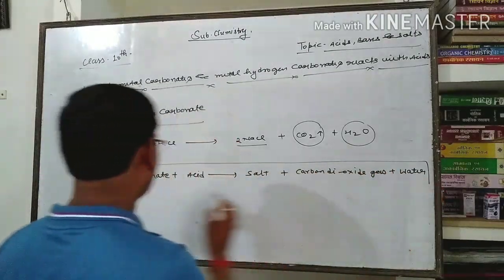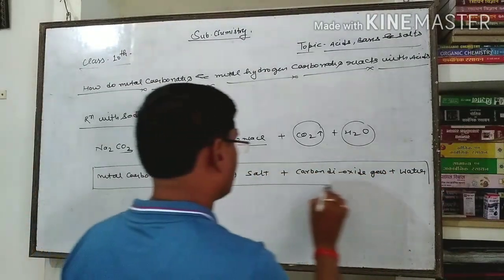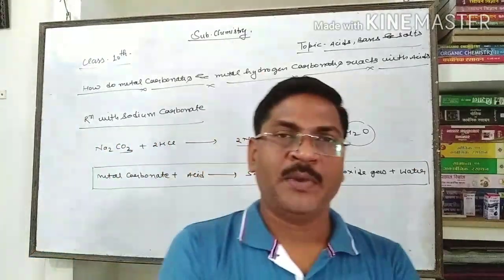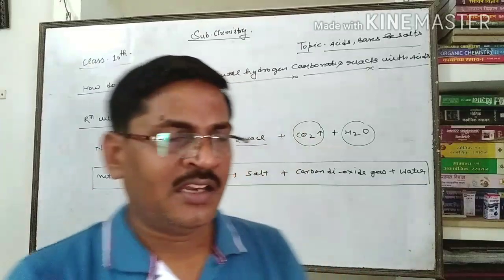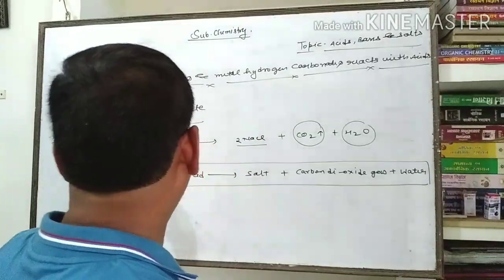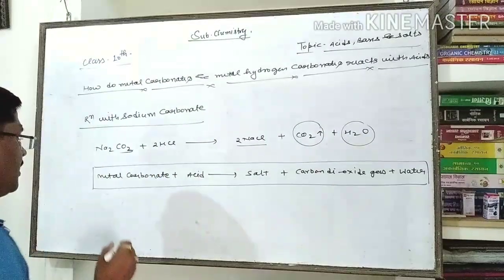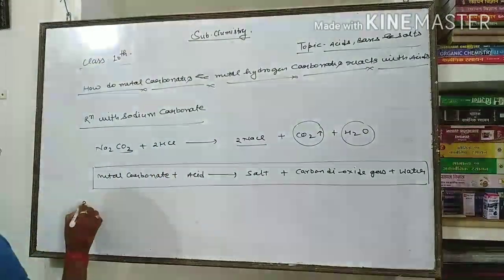So this is the general method to represent the reaction of a metal carbonate with acid, and any metal carbonate can be taken and reacted with the acid.